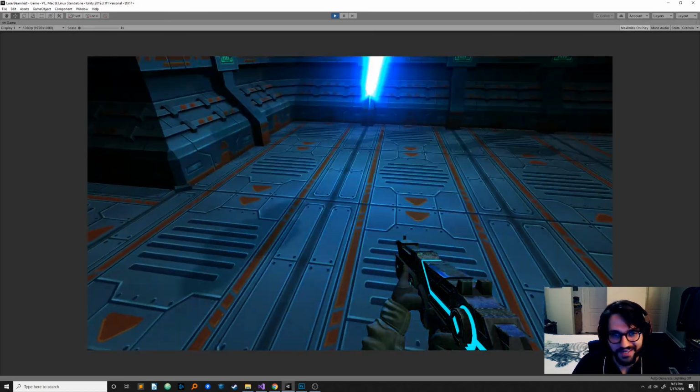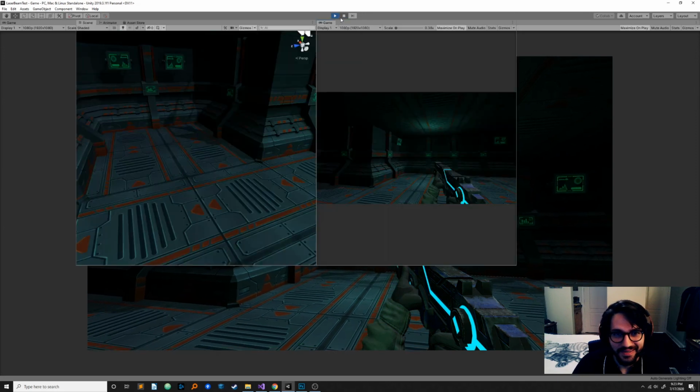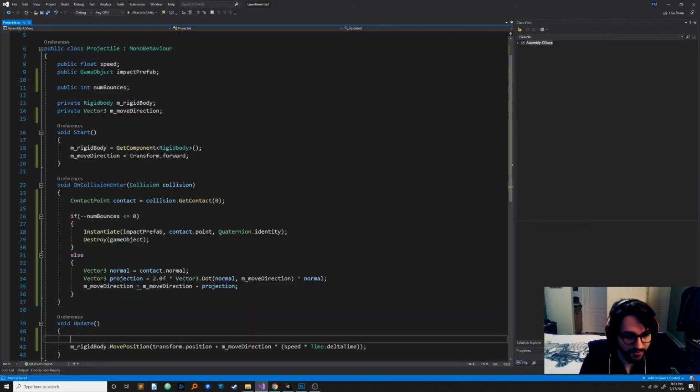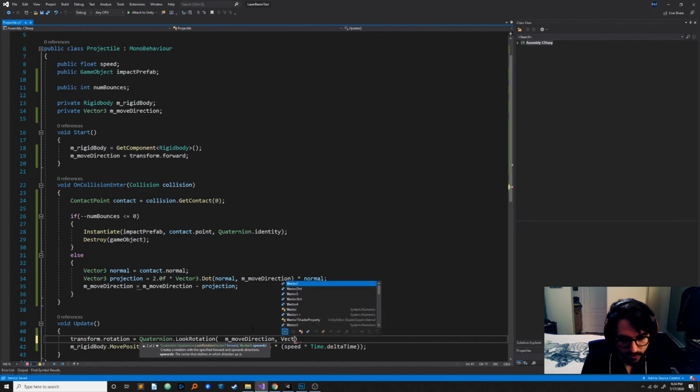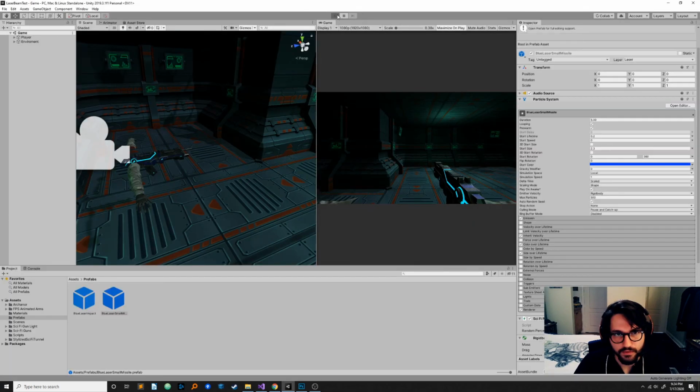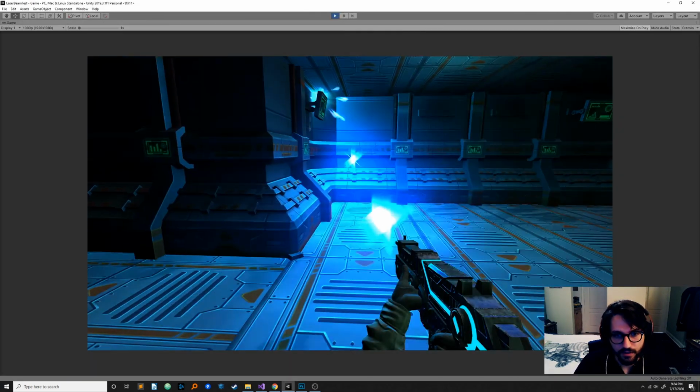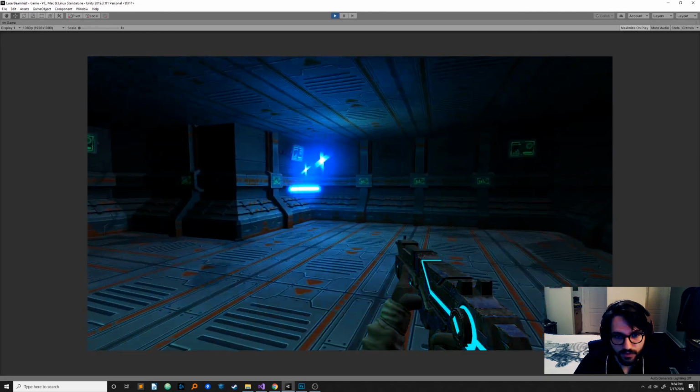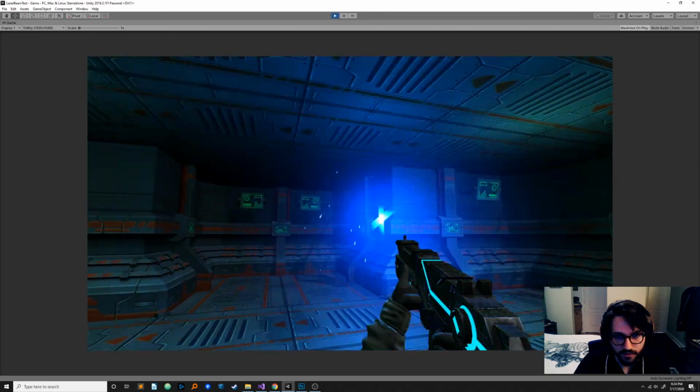You'll see that the rotation is a little messed up, because we're not actually updating it. So we want to say transform.rotation is equal to Quaternion.LookRotation. This takes a forward direction, which is just our move direction, and an upward vector, which is Vector3.up, (0, 1, 0). There you go. Lasers are moving, bouncing, and updating their rotation.